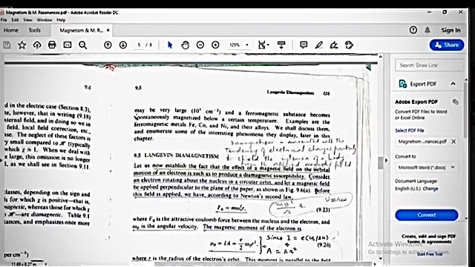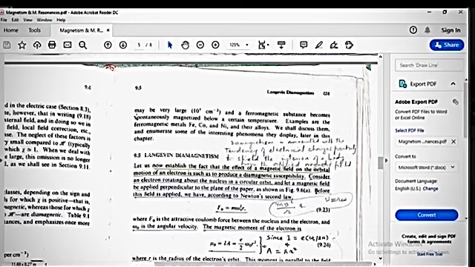Diamagnetism is introduced by the tendency of electrical charges partially to shield the interior of a body from the applied magnetic field.